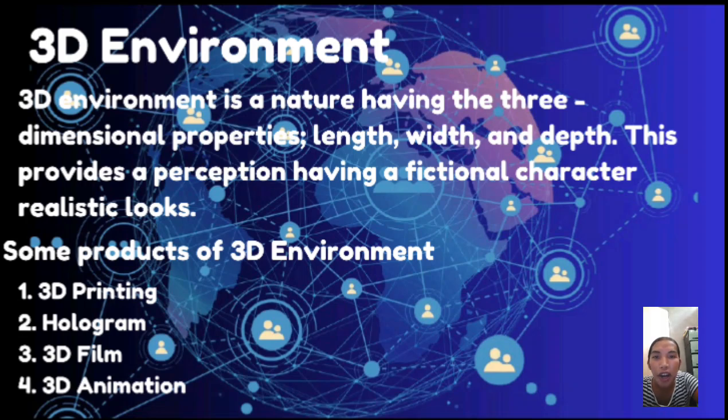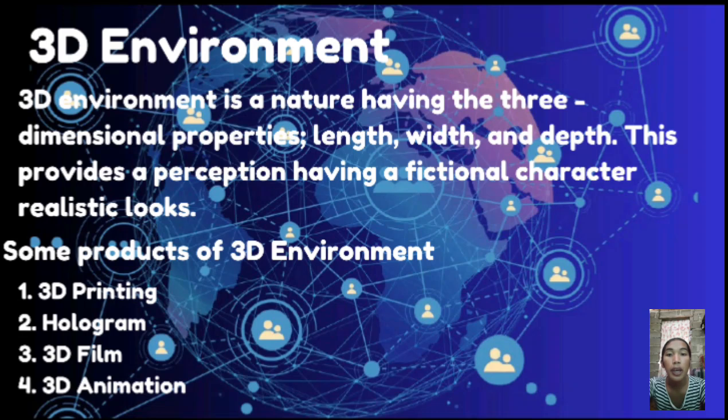So, a 3D environment has three-dimensional properties: length, width, and depth. This provides a perception of fictional characters having realistic looks. A 3D environment is a digital or physical space that has three dimensions: length, width, and depth.